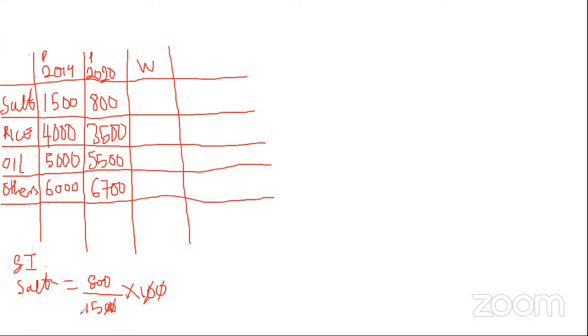Then we remain with 800 divided by 15. Yeah. What would that give us? 800 divided by 15 will give us 53.3. 53 point 3. Then we go to rice.